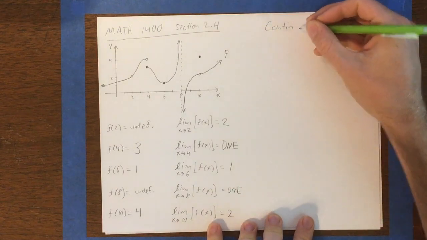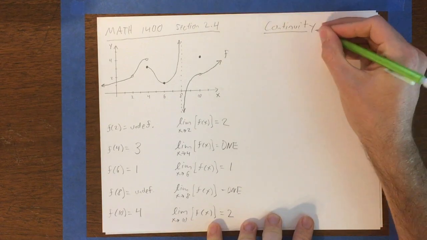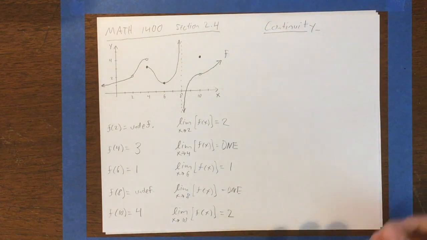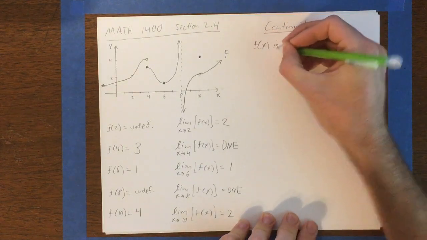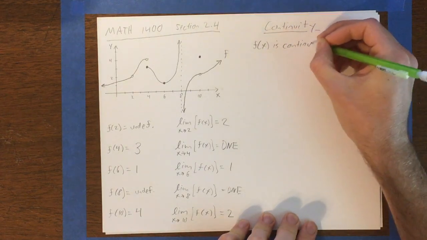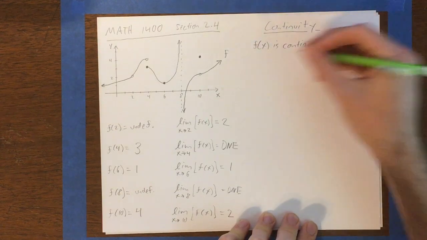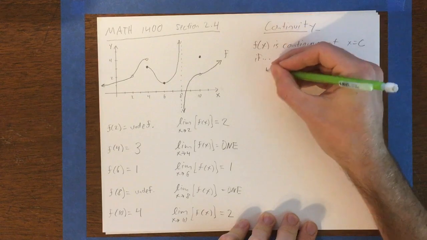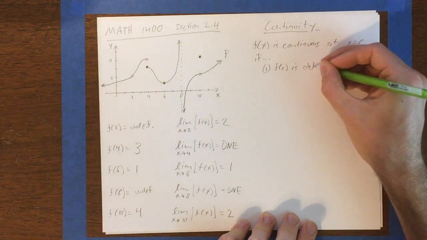So let's finally get together a definition of what we call continuity. So our definition of this: f of x is continuous at an x value c if 3 things. First, f of c is defined.